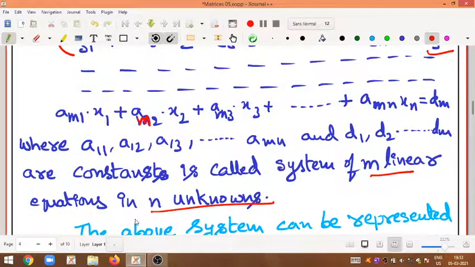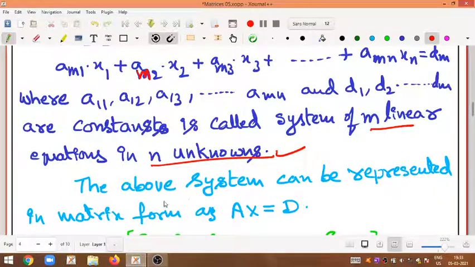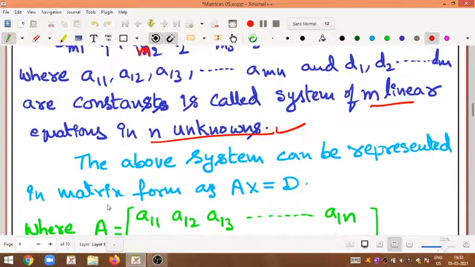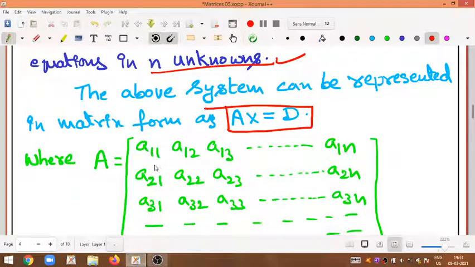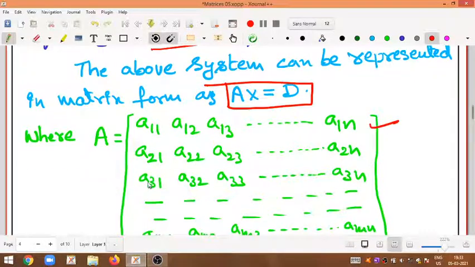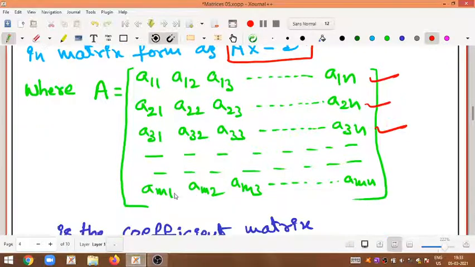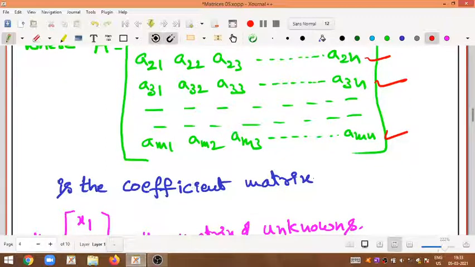M linear equations in n unknowns, and this system can be represented in matrix form as AX is equal to D, where A is the coefficient matrix: a11, a12, a13, and so on, a1n, and a21, a22, a23, and so on, a2n, and a31, a32, a33, and so on, a3n, and so on, am1, am2, am3, and so on, amn is called the coefficient matrix.